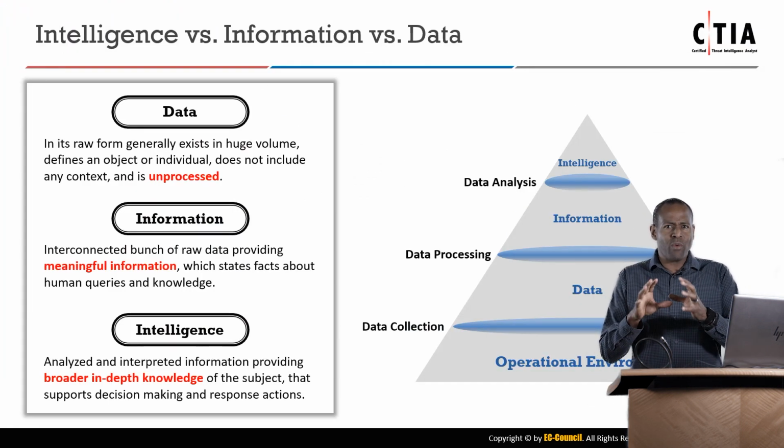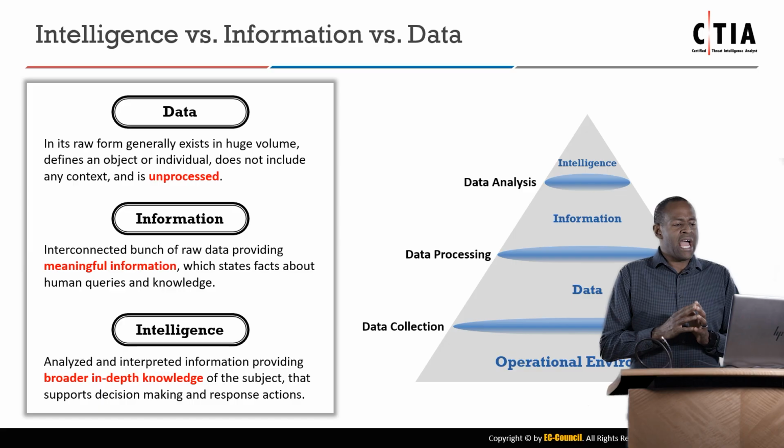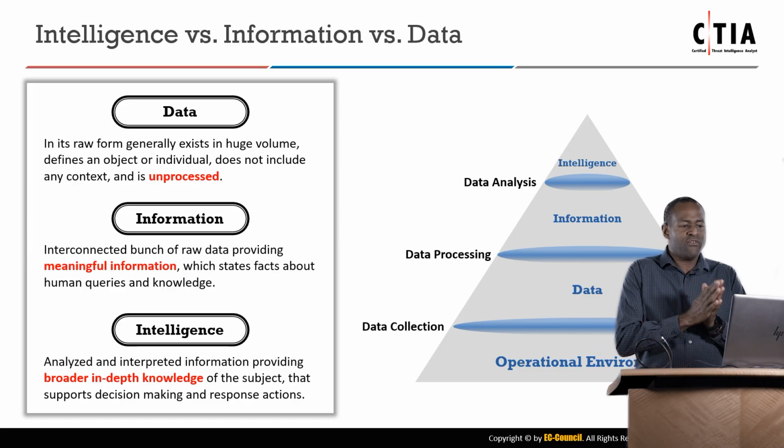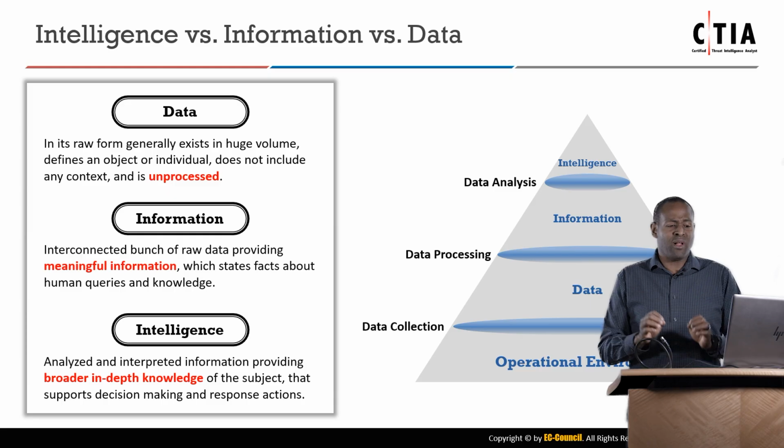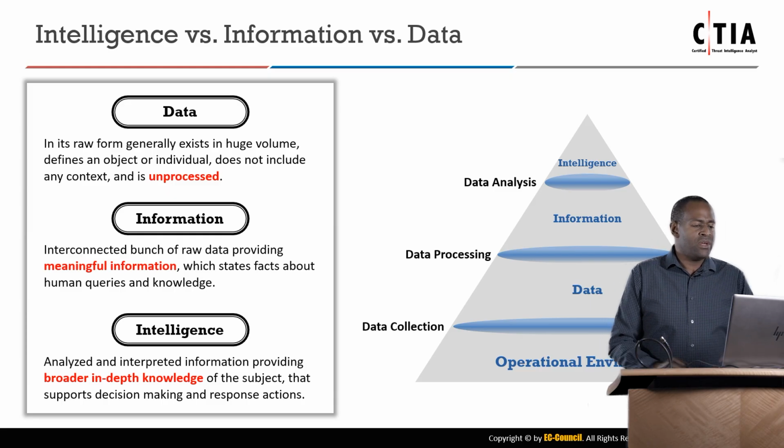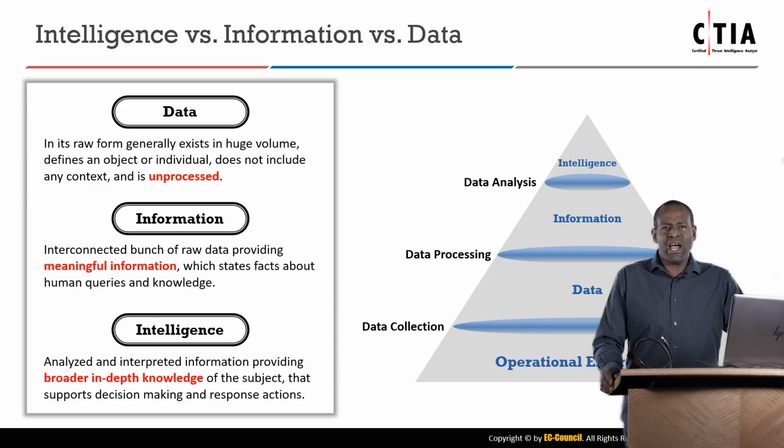And so that's where we start when we're looking at intelligence versus information versus data. So let's talk first of all about data. Data is, in its raw form, a huge volume, defines, for instance, an object or an individual, doesn't include any context, and is unprocessed.